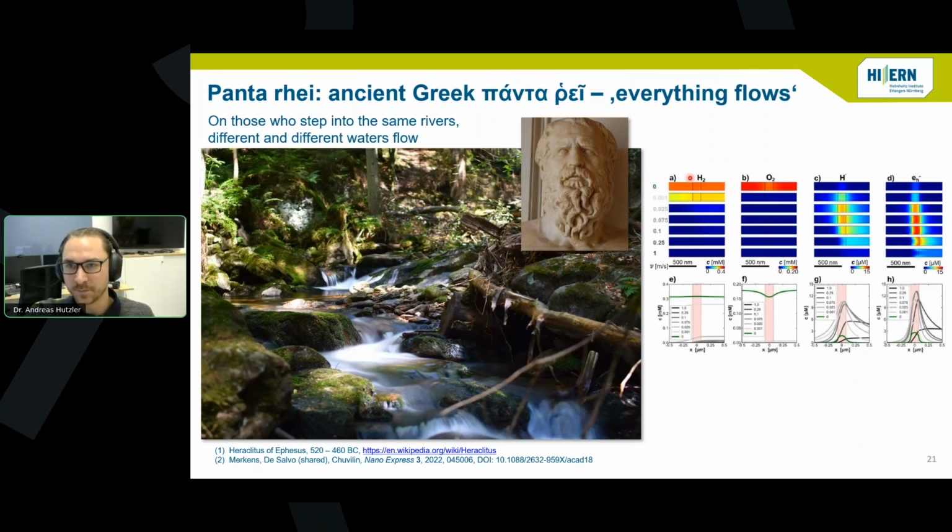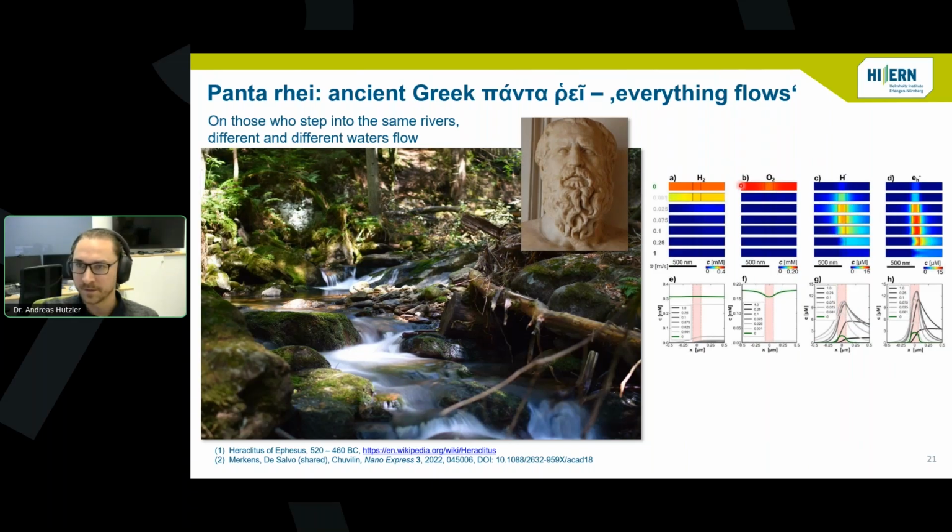And it turned out that molecular species like molecular hydrogen or oxygen can be effectively flushed out, which makes sense because they are stable. Whereas in the case of the very reactive species like hydrogen radicals or solvated electrons, this is not that easy because they will basically react with everything they encounter.